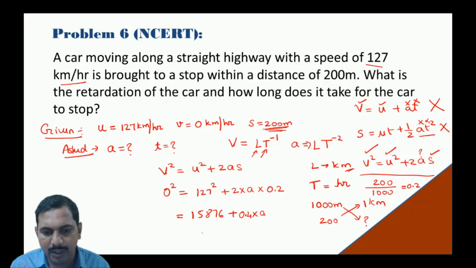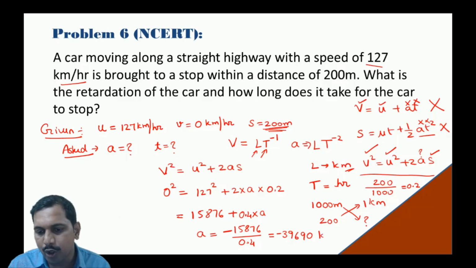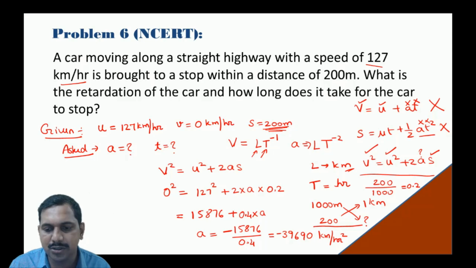So now acceleration a would be minus 15876 divided by 0.4, and the answer I got is negative 39,690 kilometer per hour square. Understand, students, it is kilometer per hour square.